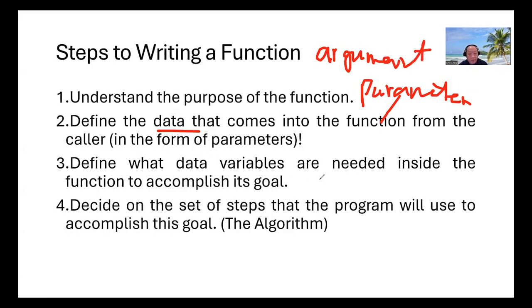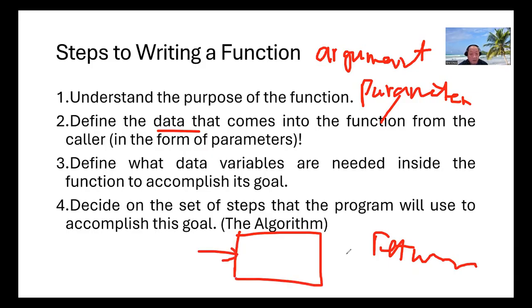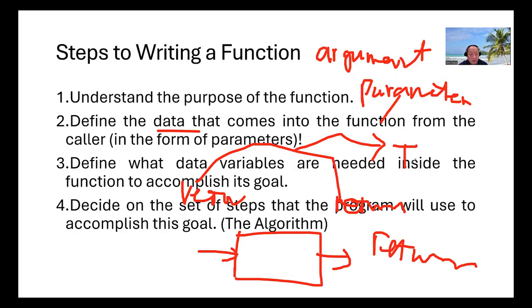Then the function will process the data and eventually provide the result, which is the return value. So you have the input, which is the parameter, and the output, which is the return value. Then based on the test vector and the return value, you check whether they are the same as expected or not. That's for the method testing.